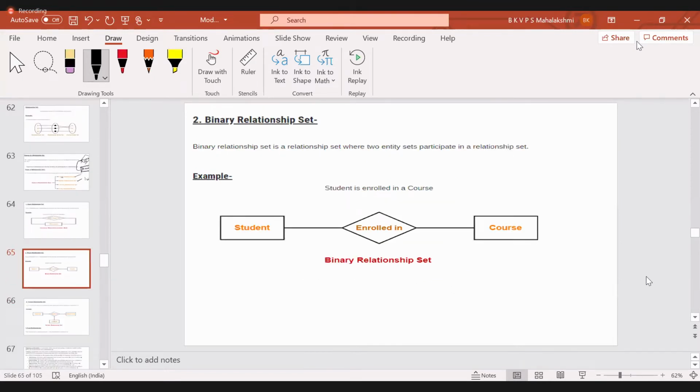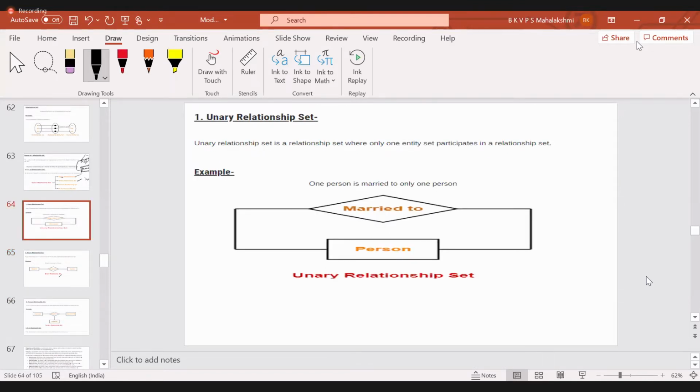Okay. And coming to the binary, so this is called a binary only. Two entities are there. So what is the degree of this? How many entities are participating in the relationship? How many number of entities?